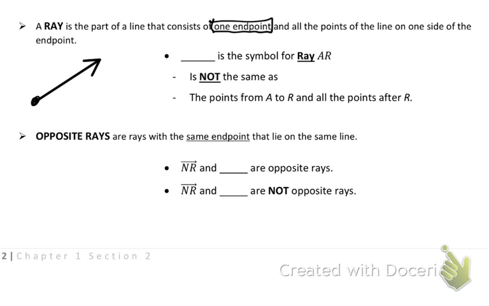Your endpoint comes first, and your arrow side comes second. And we make sure we draw a ray above it. But because this is our end, that A has to be the endpoint. R isn't as important, but that endpoint is. For instance, AR is the symbol for ray AR.